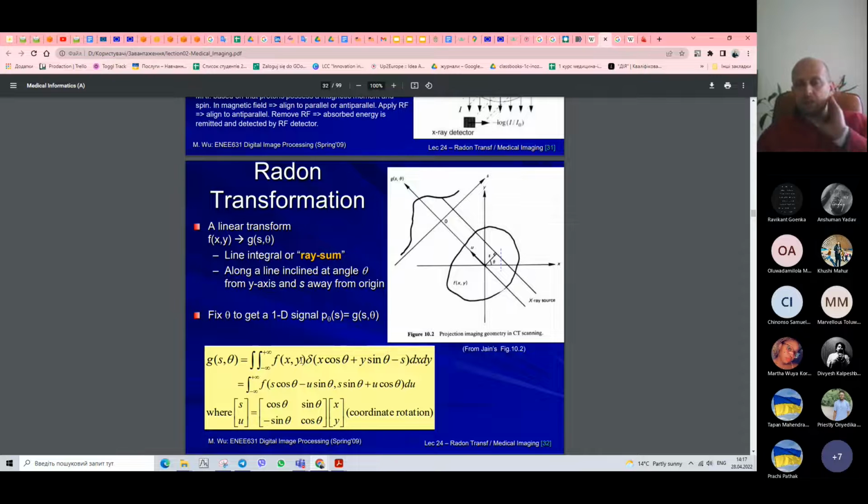This means we can identify the continued penetration of X-ray sources through the body. We will get a value which depends on the amount of X-ray absorbed in the body, and we can get these pictures.